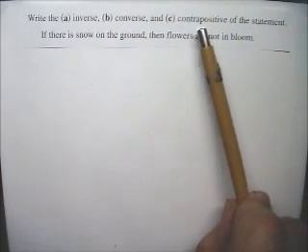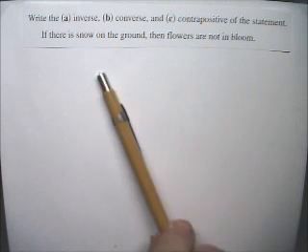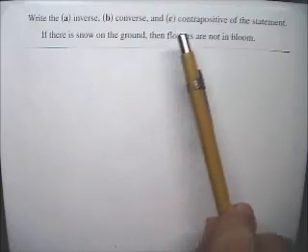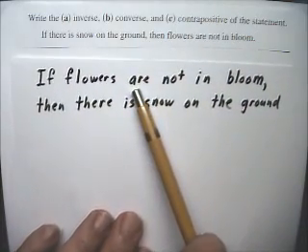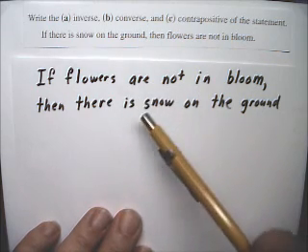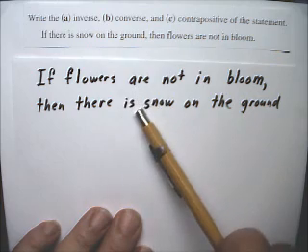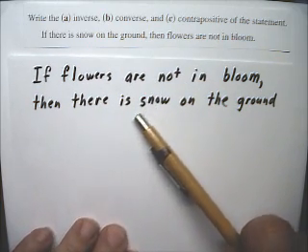Now the contrapositive we have to both switch them and we have to negate them. So here with the converse we switch them. Now all we have to do is do the negation of the front and the back on the converse, and we'll have the contrapositive.